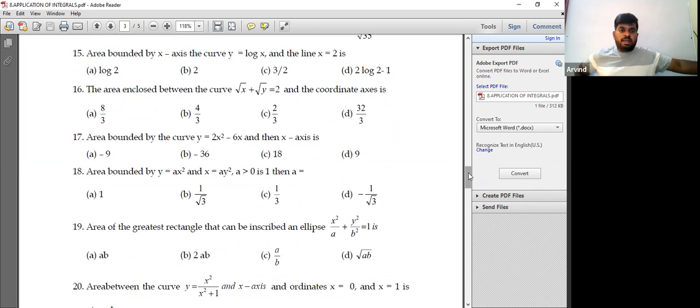But the area enclosed between the curve root x plus root y equal to 2. First you have to find the upper limit and the lower limit for integration. Okay, find that.